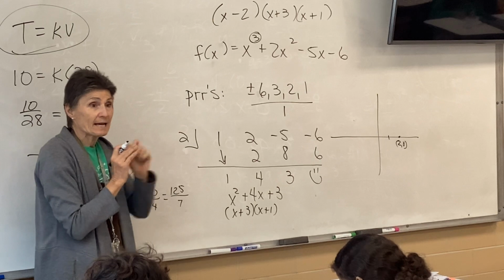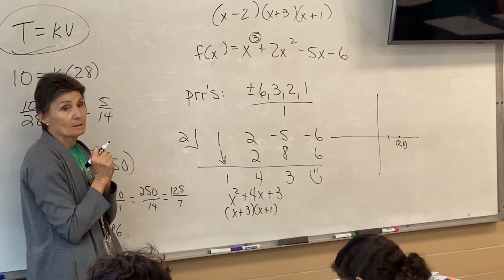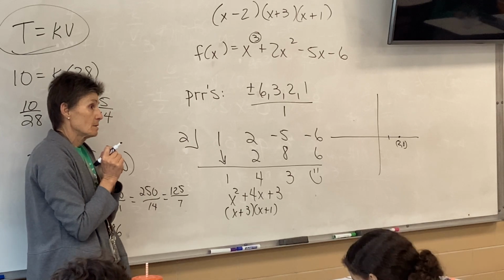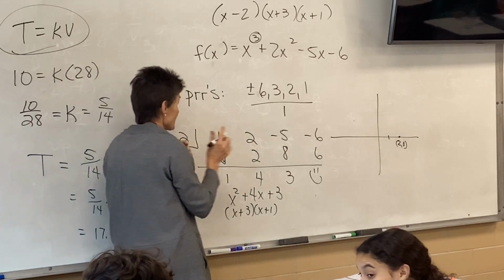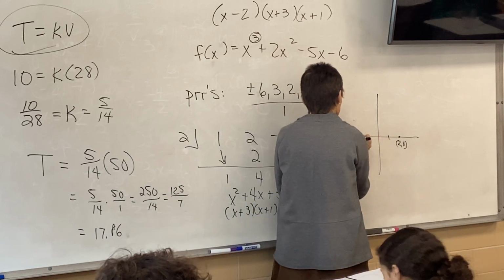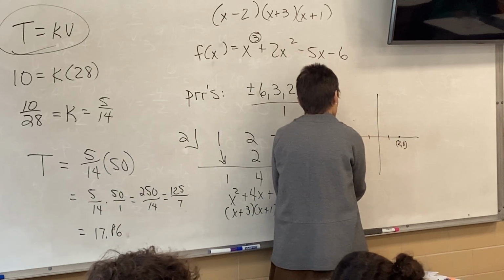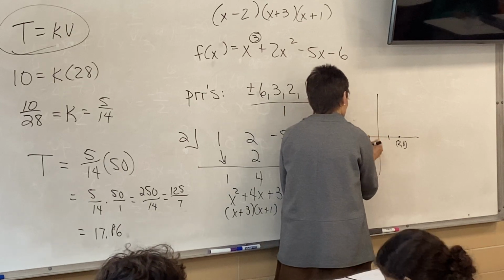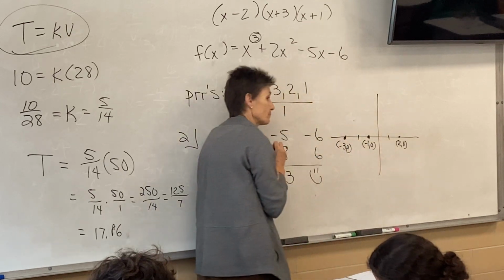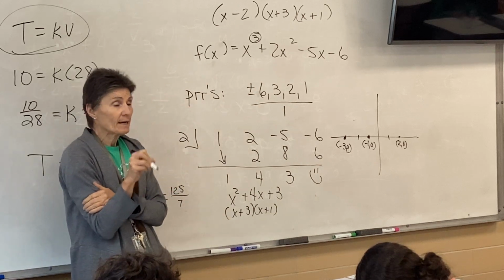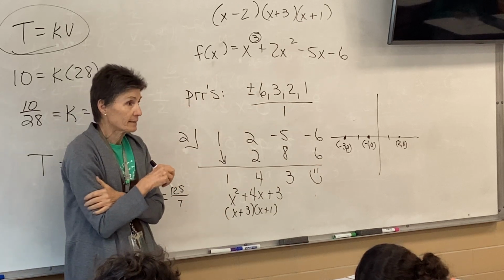Now we're going to sketch it. So to sketch it, we gotta finish up the dots. We already have one at 2. The other ones will be where? -3, -1. I know I'm gonna have some kind of squiggly line connecting all these, right?